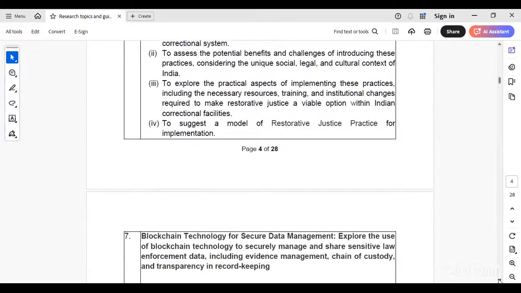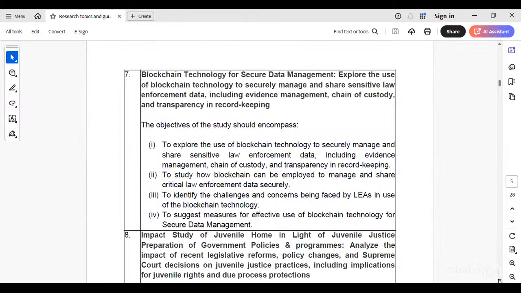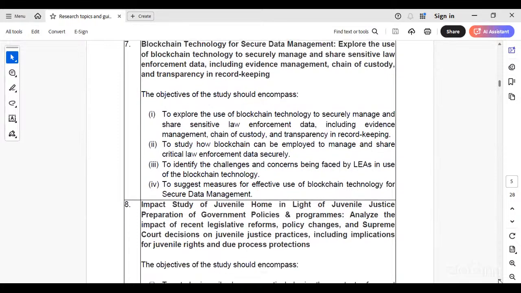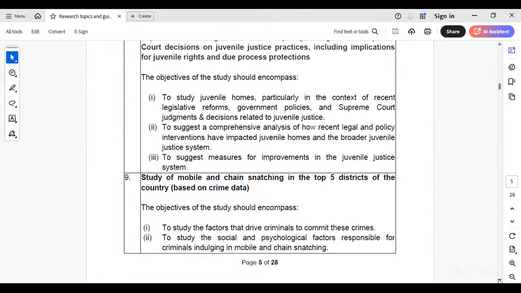Blockchain technology for secure data management, seventh one. Eighth one is an impact study of juvenile homes in the light of juvenile justice, preparation of government policies and programs. Study on mobile and chain snatching in the top 5 districts of the country.